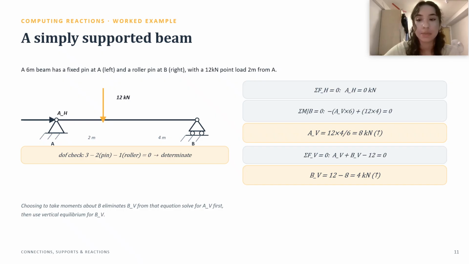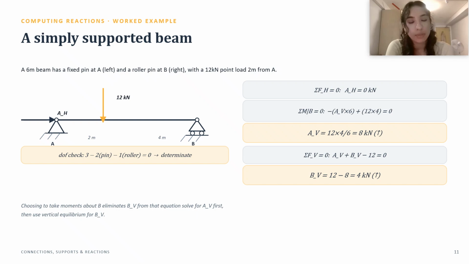So because it's 6 meters away from B, we say negative, minus 6 AV, and then we've got force 12. It's 4 meters away from B, 12 times 4, and it's counterclockwise. So we get minus 6 AV plus 12 times 4. And we get AV to be 8 kilonewtons going upwards.